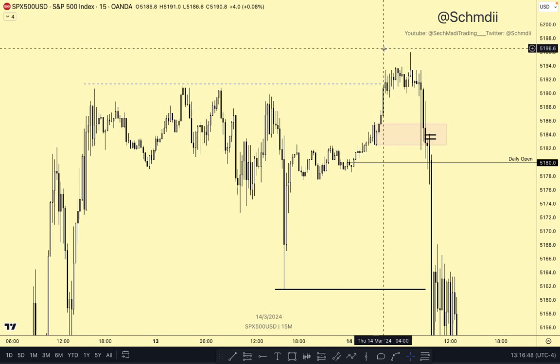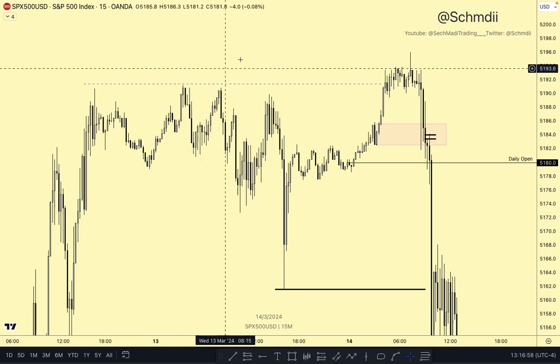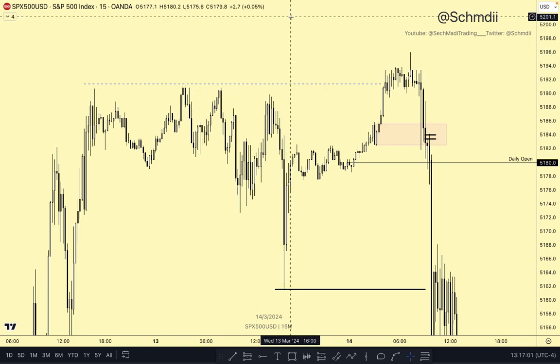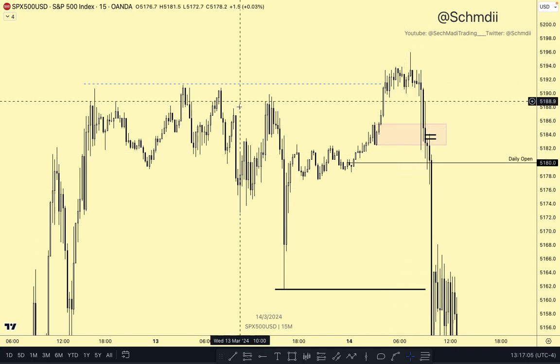Price tags and engages these stop losses, so the people who are trying to go short get taken out. At the same time, breakout artists who have buy stops up at these levels, looking to enter long as price breaks above this, are tagged in, and then you'll see price begin to reverse to take them out.